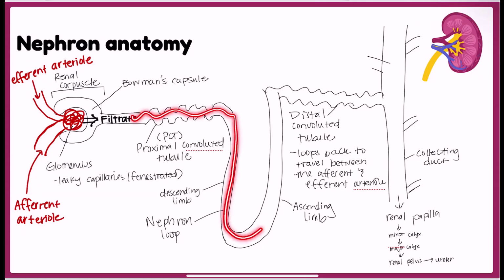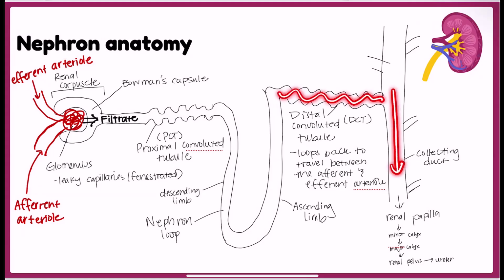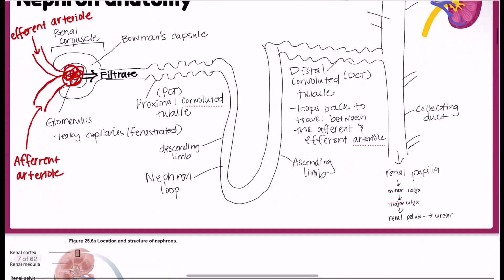We travel through the nephron loop, then through the DCT, the distal convoluted tubule. We drain that fluid into the collecting duct. That fluid continues to be drained into the renal papilla, the minor calyx, the major calyx, the renal pelvis, then the ureter. Let's take a peek at what this looks like in our textbook.